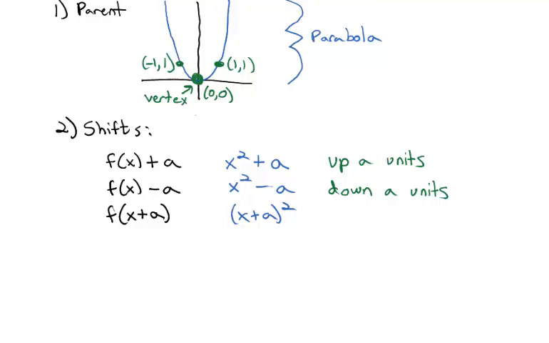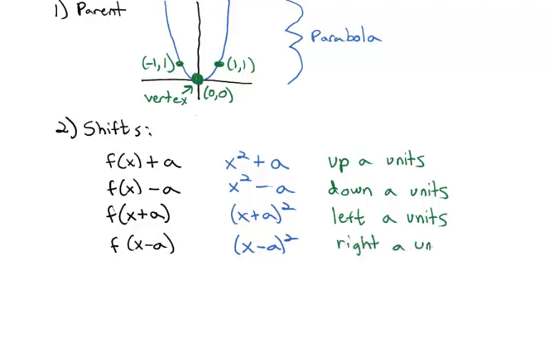When it's inside the function, the background moves, which gives the illusion that the graph is doing the opposite of what we expect. So adding a is going to move it to the left a units. Similarly, f of x minus a, in terms of the quadratic, is going to be x minus a, squared, and that moves to the right a units.